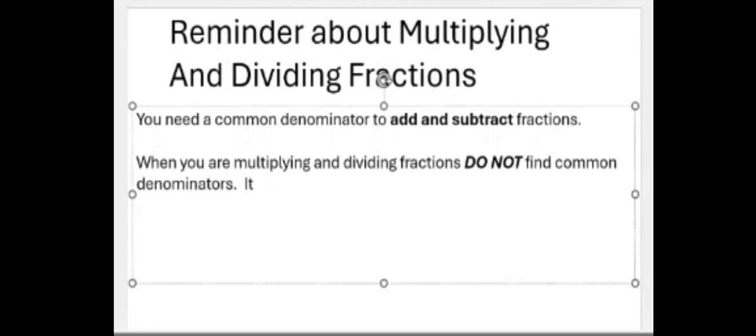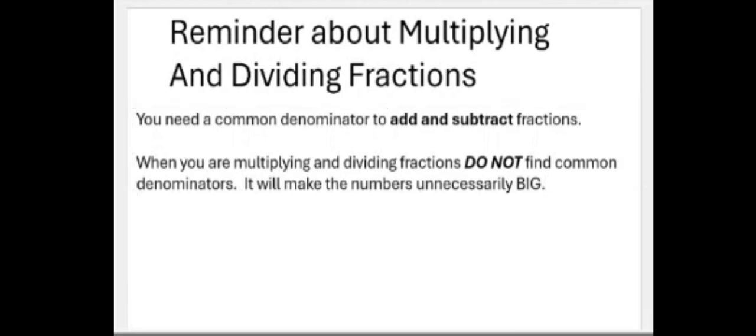It will make the numbers unnecessarily big. You're going to make all your numbers bigger for no reason at all. When you're multiplying and dividing fractions, you do not need common denominators. You do not need to have both fractions in eighths or both in tenths or both in 15ths. They can just be whatever they are, just like we did on Monday, and you multiply them, you divide them. Only for adding and subtracting do you need to find common denominators.